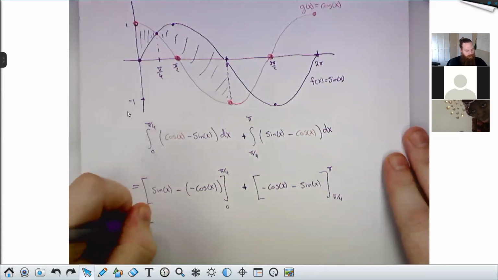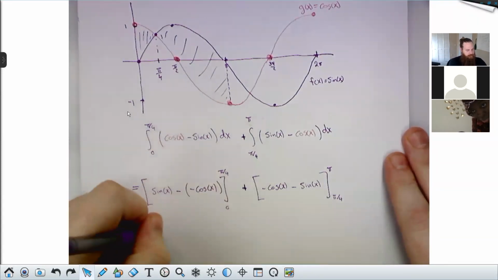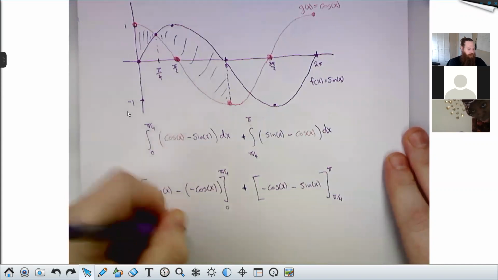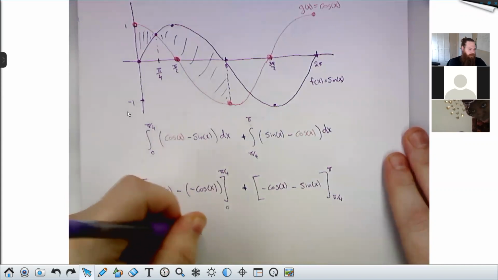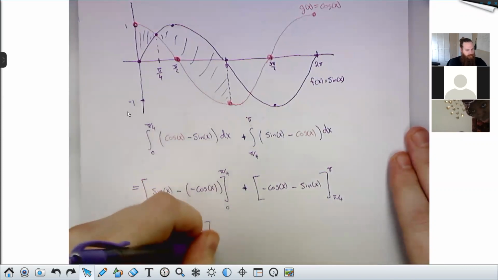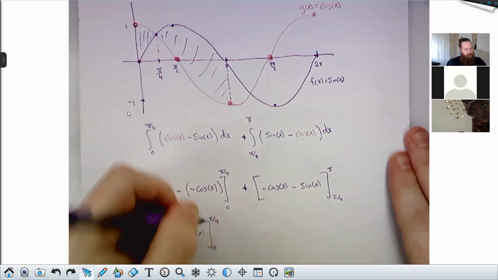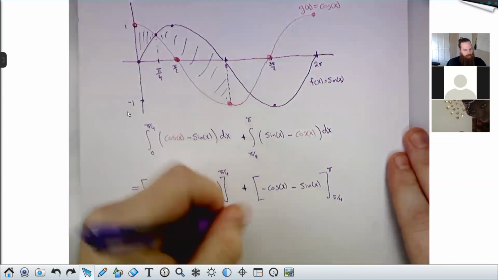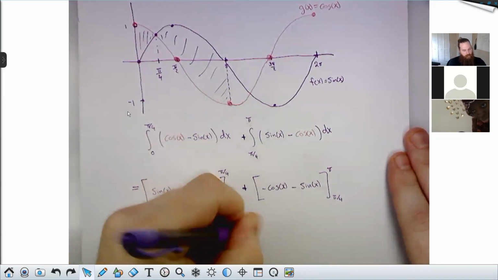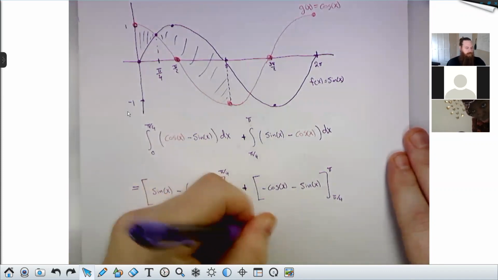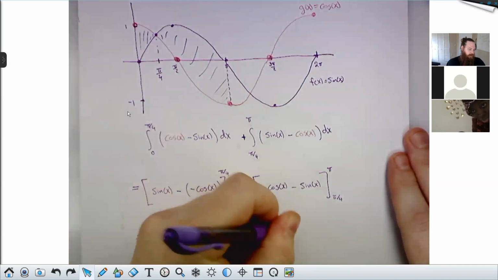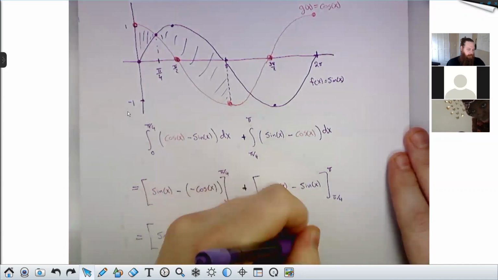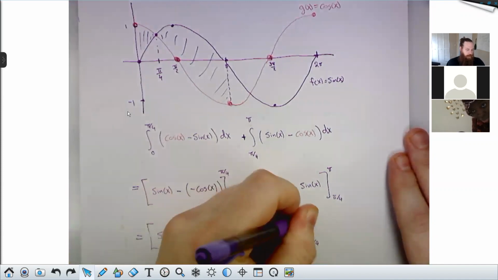Moving right along, we can clean this up a little bit. This is sine x plus cos x evaluated from 0 to pi over 4. And here we can actually factor out a negative and treat this as minus cos x plus sine x evaluated from pi over 4 to pi.